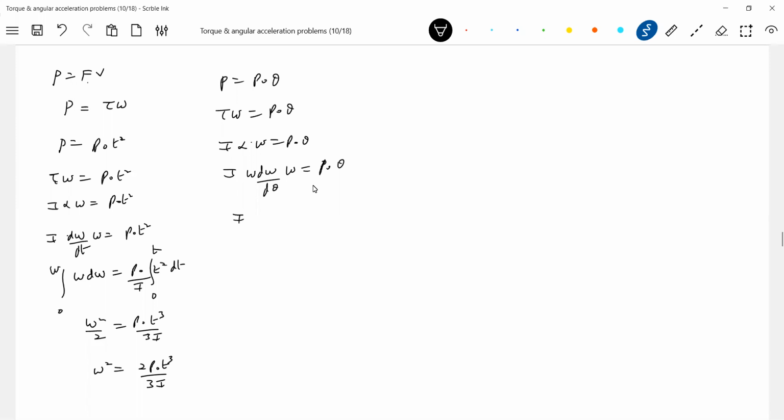So I omega square d omega equals P naught theta d theta. The angular velocity goes from 0 to omega, theta from 0 to theta. So this will be I omega cube by 3 equals P naught theta square by 2. Omega cube equals 3 P naught by 2I, theta square.